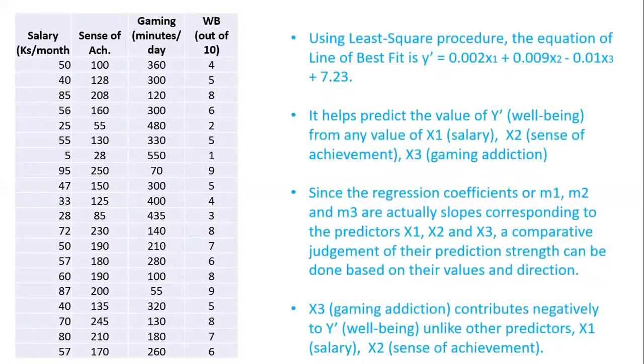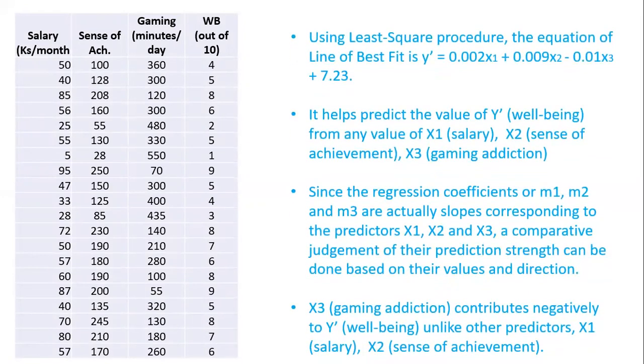So we utilize the same least square procedure. The equation of the line of best fit is y prime equals 0.02 x1 plus 0.09 x2 minus 0.01 x3 plus 7.23.